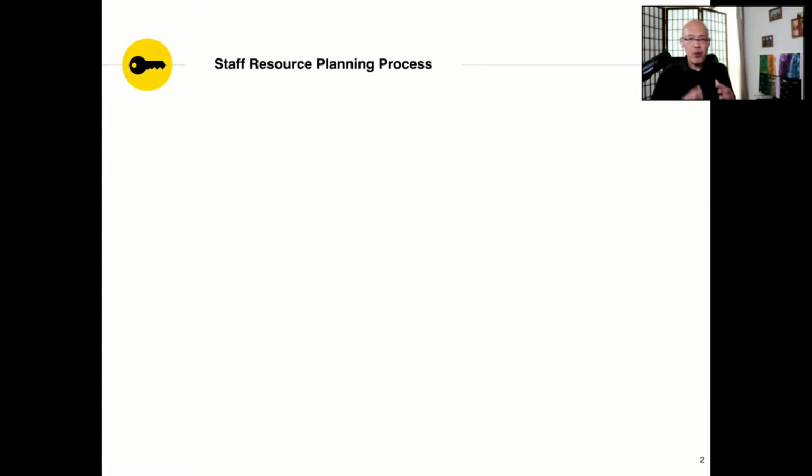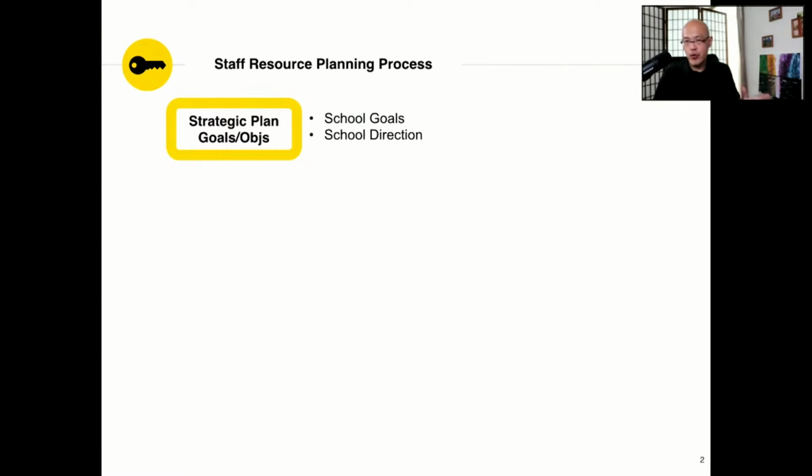So, the starting point of your staff resource planning is the following, right? You always want to start off with looking at your school goals and your school direction. So look at the strategic plan, look at where your school is going, what is the direction of the school, what is the focus of the school, what are some of the goals that your school has.